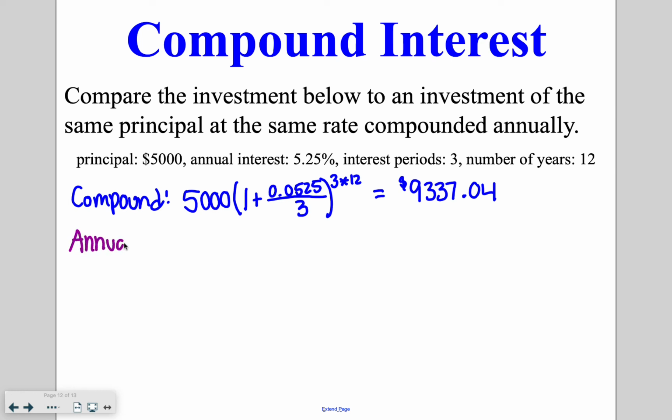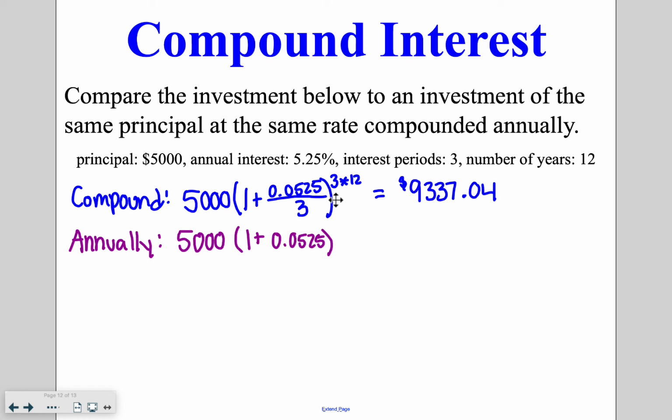Then you want to go through and do the comparison for if it just happens annually. So if it only happens once per year, that is going to give us $5,000. And then 1 plus, my n value is now 1. So I don't have to divide anymore in my problem, because 0.0525 divided by 1 is just going to be 0.0525.